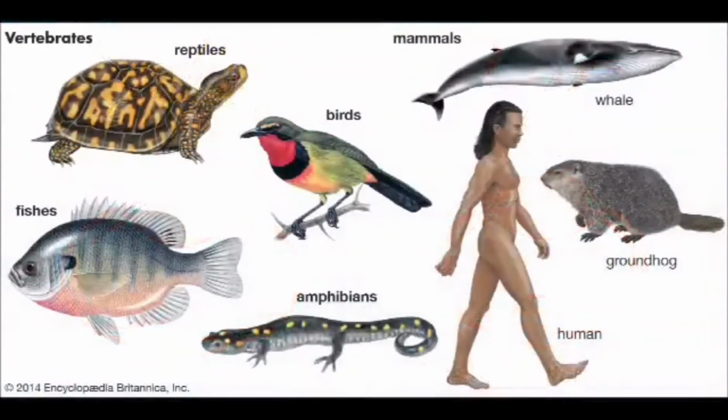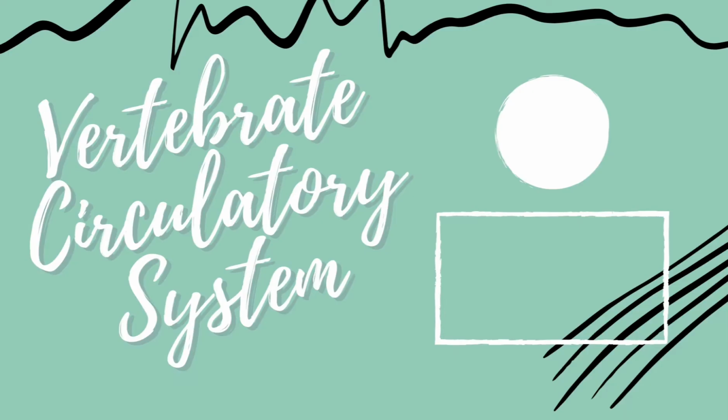Humans and animals such as fishes, birds, reptiles, amphibians, mammals, and others have their own circulatory structure and also their functions, and it will be discussed later on. Closed circulatory systems are characteristic of vertebrates.